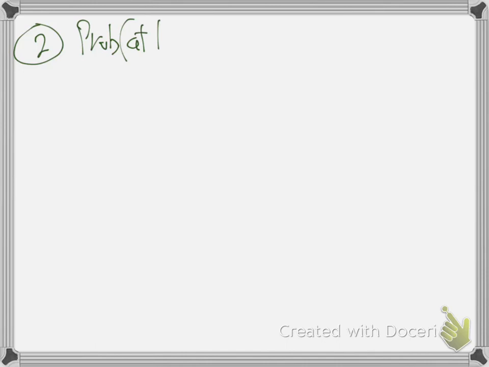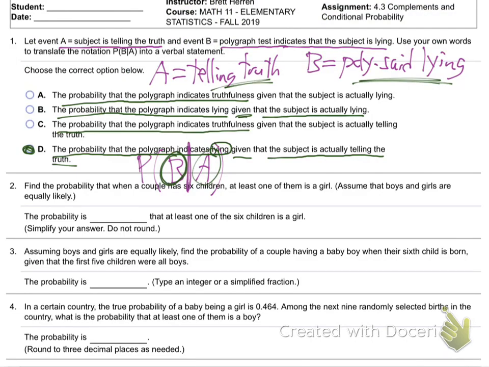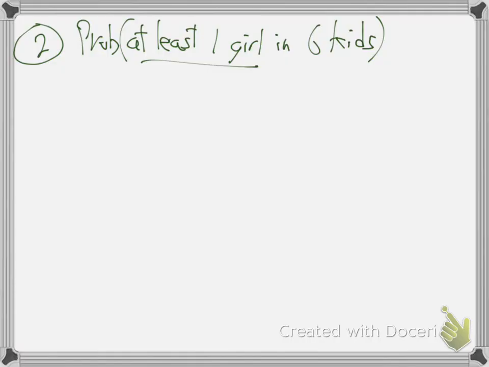Probability at least, not elite, at least one girl in 6 kids. So they're going to have 6 kids. Did I get that right? That was what it said, right? So yeah, 6 children, at least one is a girl.